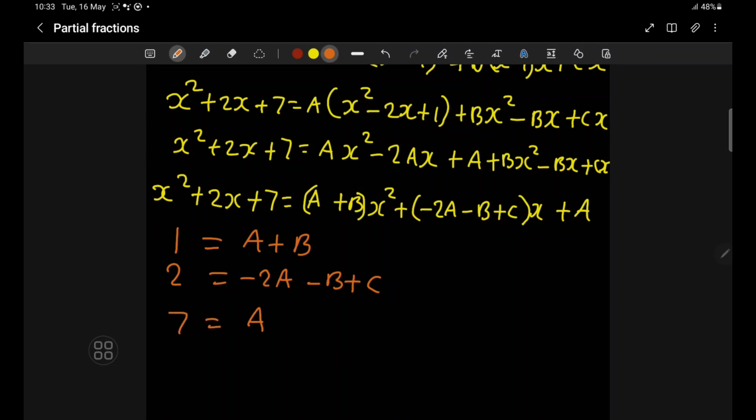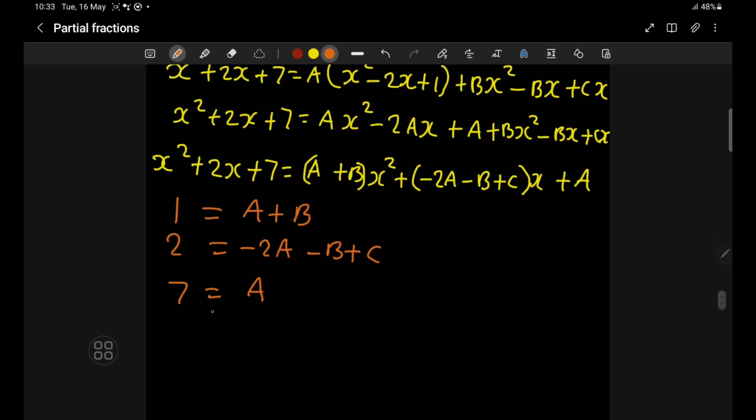And we can solve it from here. So since a is equal to 7, if we replace a with 7 here, b will be equal to negative 6. So we'll have b equal to negative 6. And if now we replace 7 here and negative 6 here, c will be equal to 10.